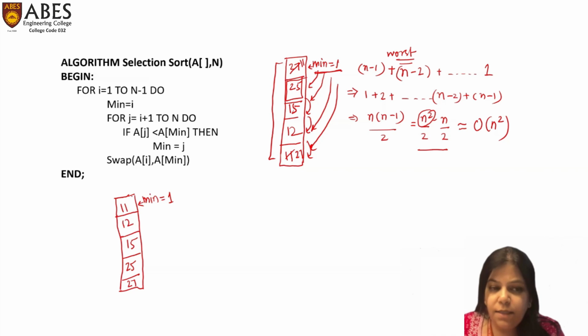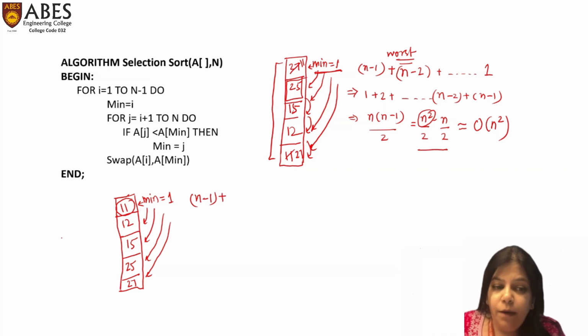Now, even though this value 11 is minimum, still we have to compare it with all the elements of the array other than 11, right? So in this case, the number of comparisons will be n minus 1.